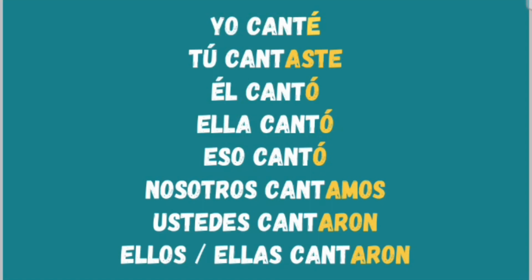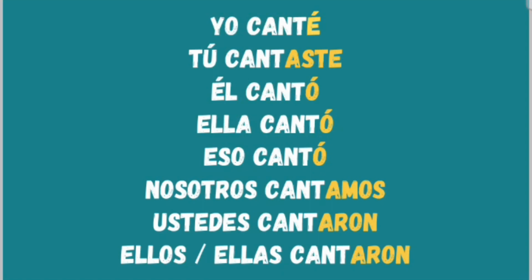Okay, now if you want to say you sang, then you have to say tú cantaste. Tú cantaste. Okay, now with the personal pronoun he sang, then you have to say in Spanish él cantó.